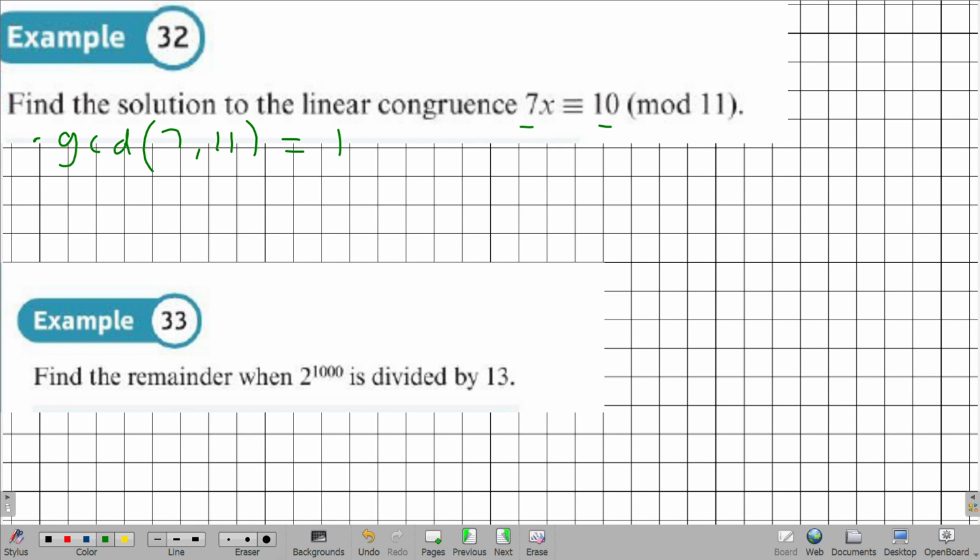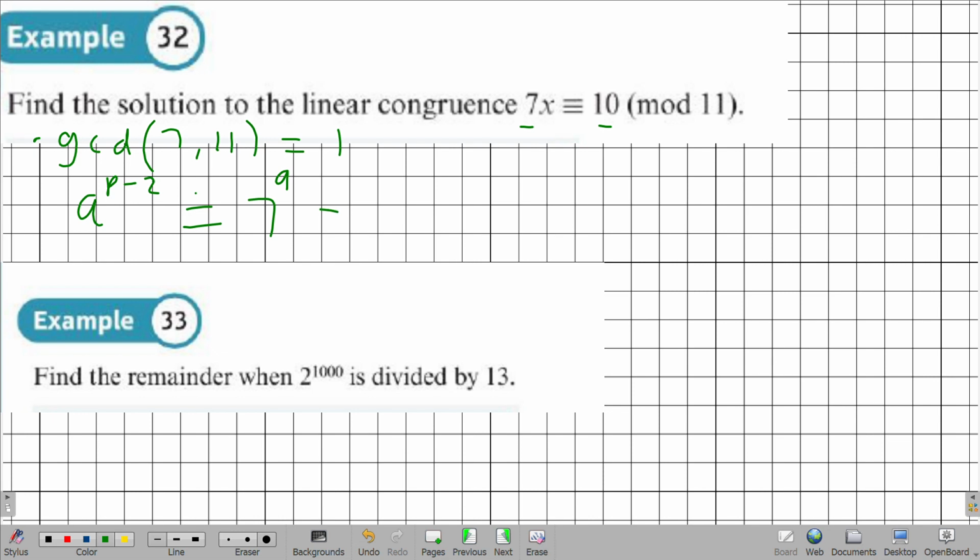But do we really need to go through the process of finding the multiplicative inverse of 7 by doing the Bezout algorithm? No, we are just going to use Fermat's theorem that says the inverse is A to the power of P minus 2. In this case A is 7 and P is 11, so it's 7 to the power of 9. That's our inverse.